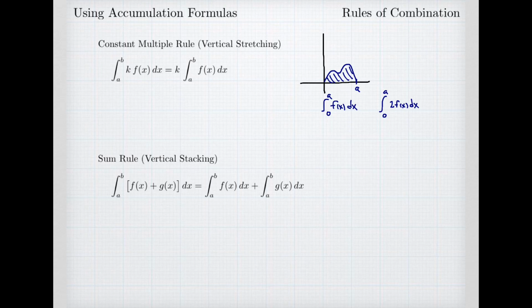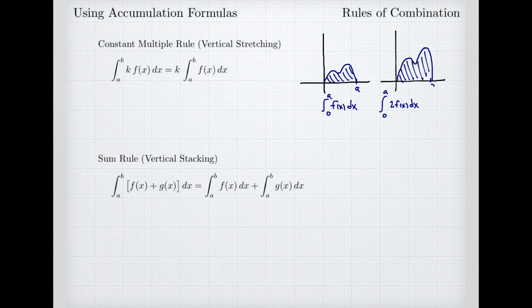So if I were to sketch the graph of this new integrand function, which is twice my original, I would get a graph that looks similar to the first, but it'll be twice as tall. So I'm now interested in the area of this modified function.